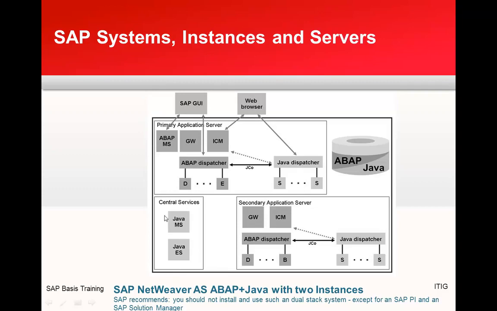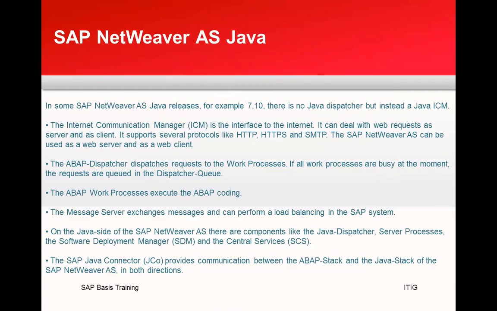Then you have the central services, which is the most important thing. You have the Java message server, the Java enqueue server, and the secondary application server. You have the gateway, ICM, ABAP dispatcher, and Java dispatcher. These are basically the instance and services servers. Now, SAP NetWeaver AS Java.